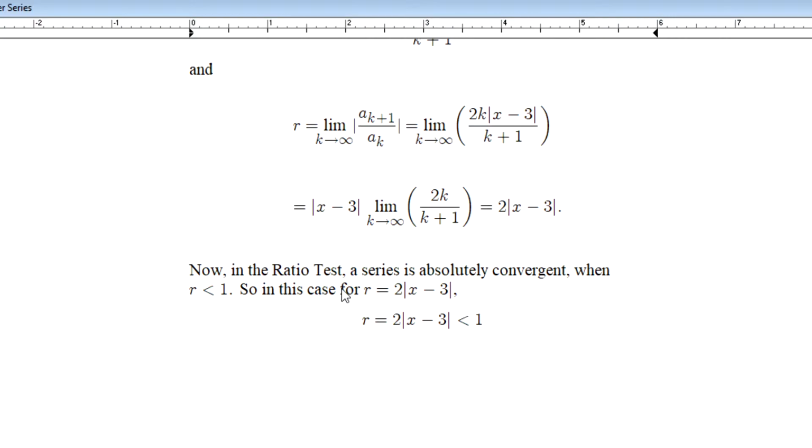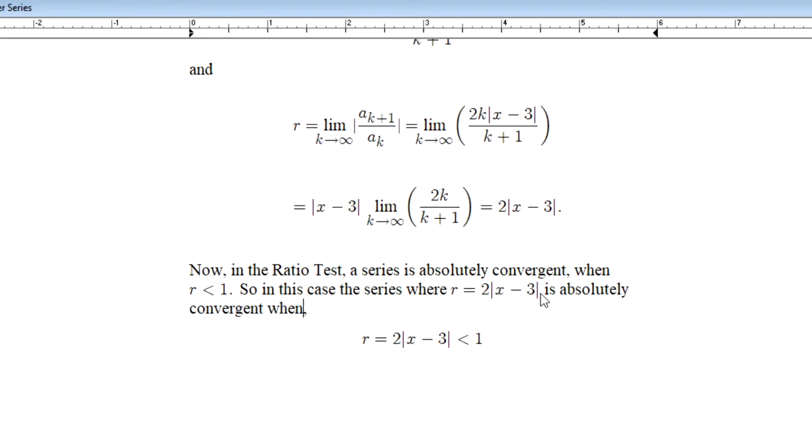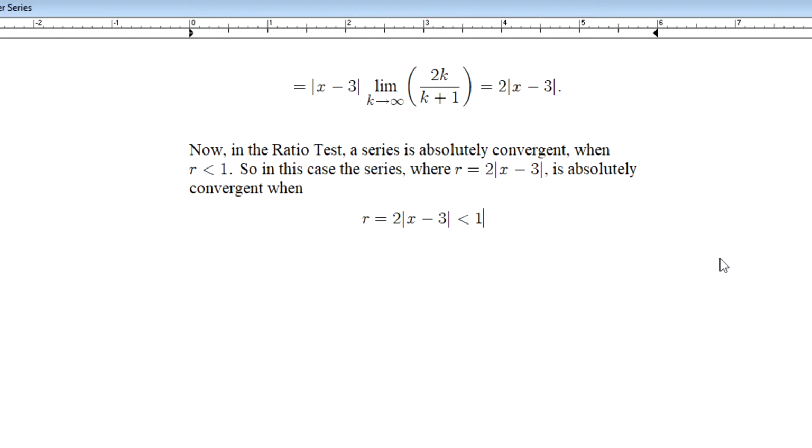So in this case, the series where r equals this is absolutely convergent when this value of r is less than the value of 1.